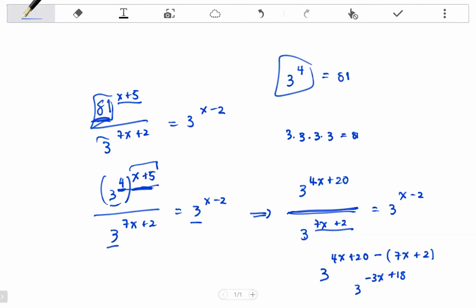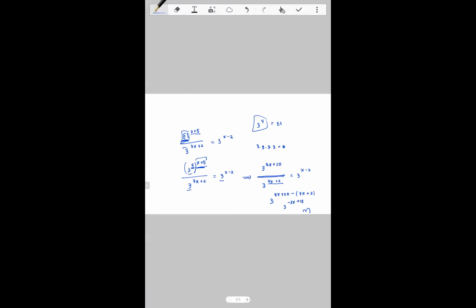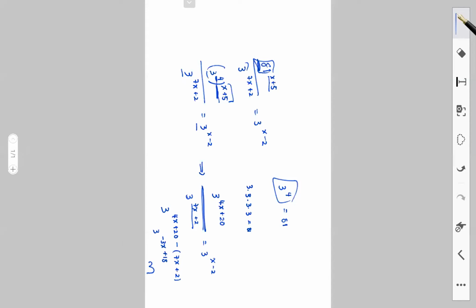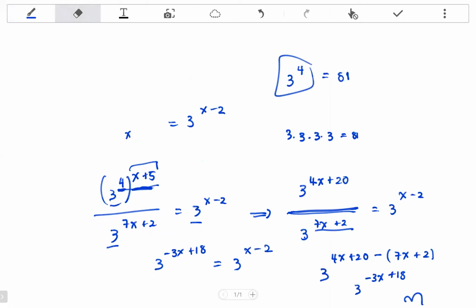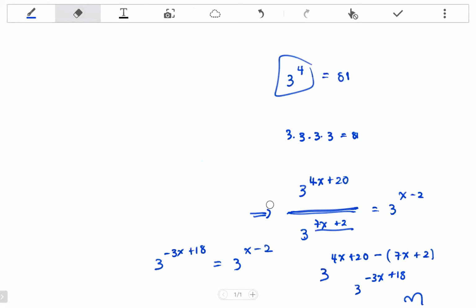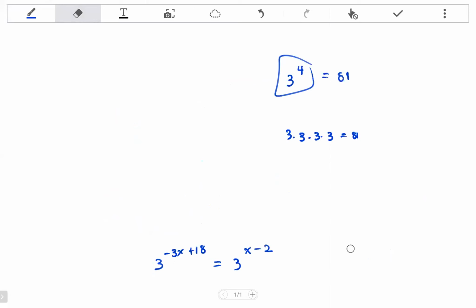So if we rewrite this whole thing, it's going to be 3 to the negative 3x plus 18 equal to 3 to the x minus 2. Anybody lost so far? Everybody get it up to this point? Yes. Okay.